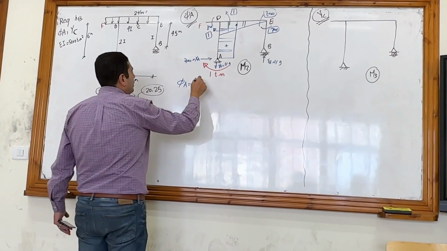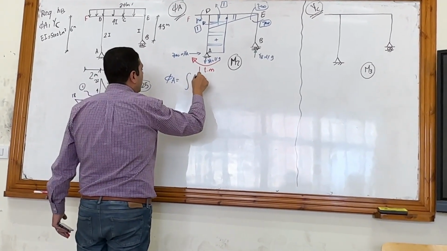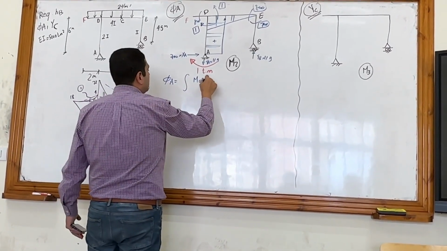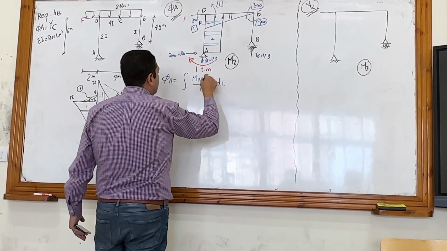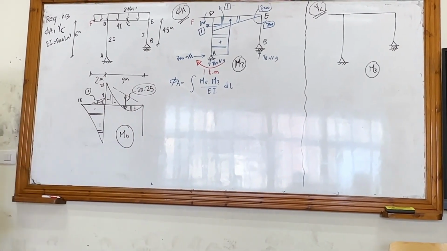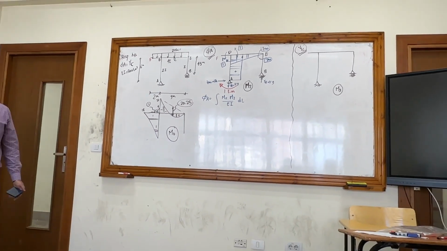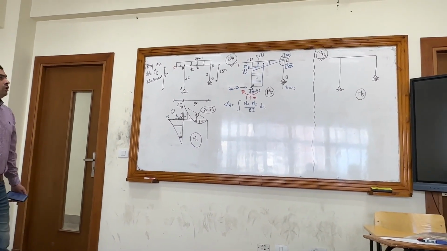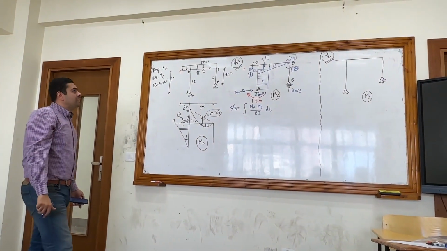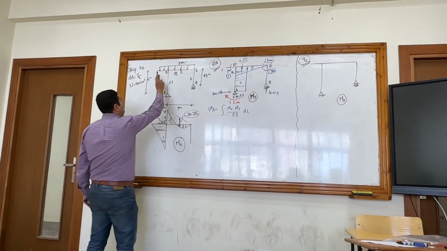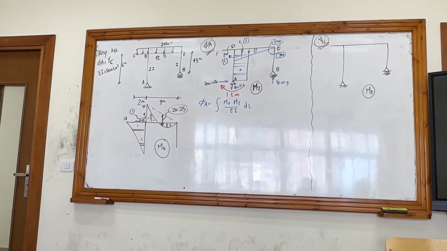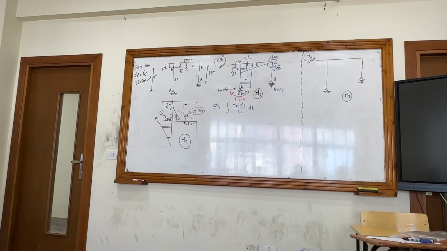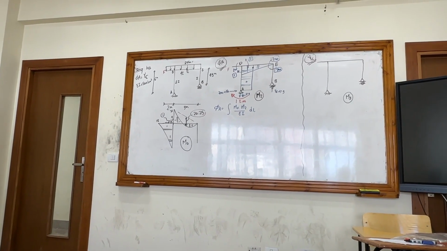So how do I calculate phi A? Phi A will be the integration of M node with M2 divided by EI dx. Okay? How will I integrate both diagrams? How many members do I have? I have only 4 members, FD, DE, EB, and DA. I do the integration for each member individually.